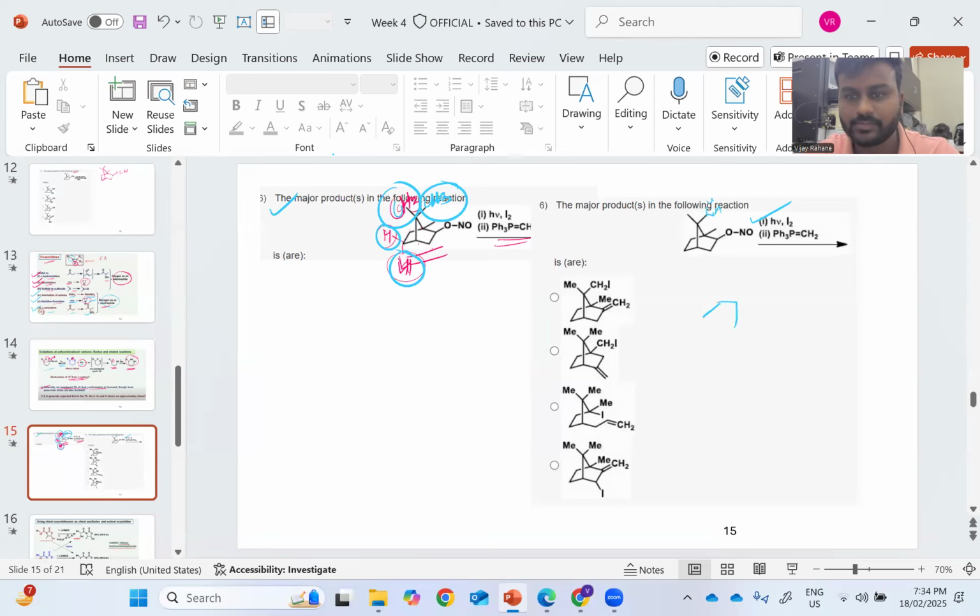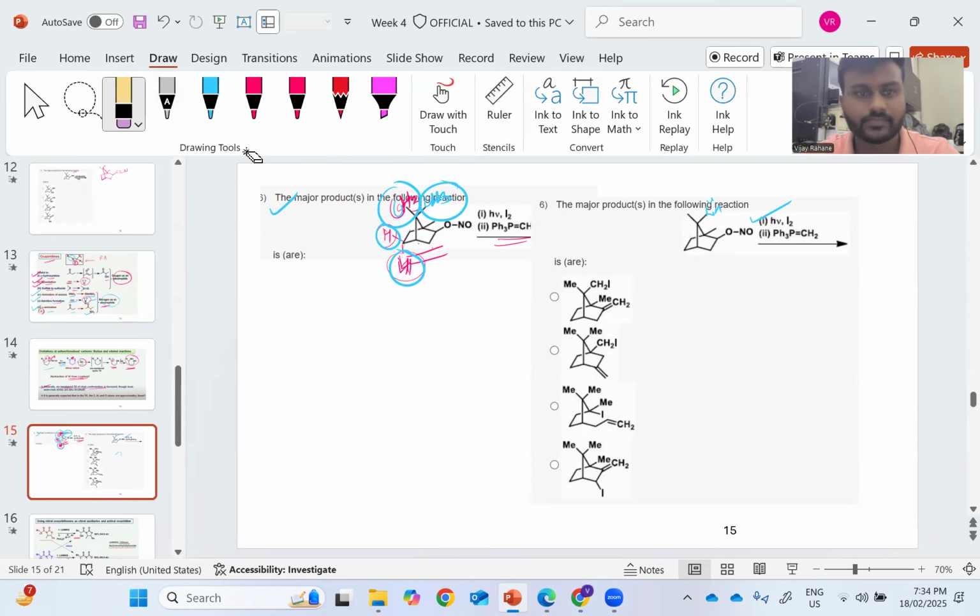So at this position, the Barton reaction occurs.